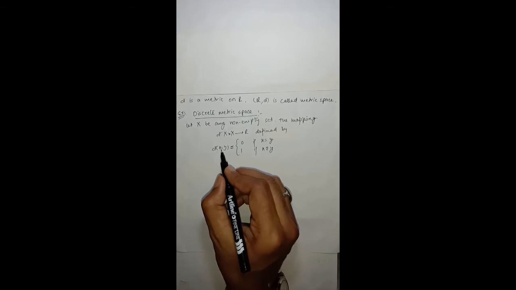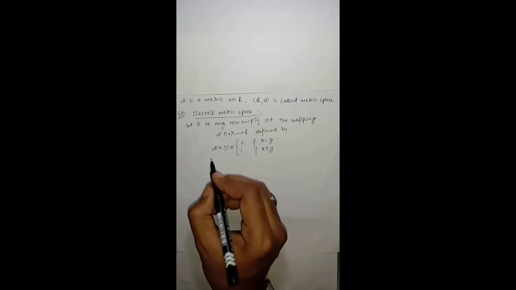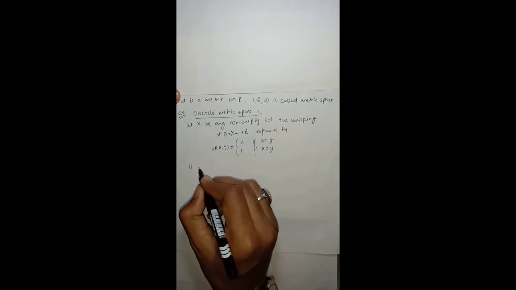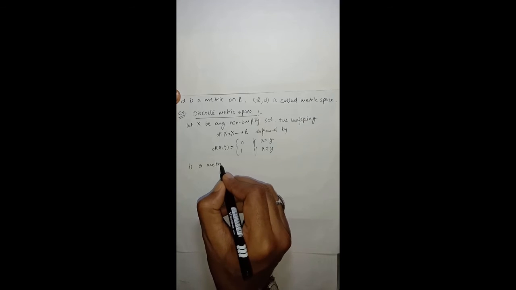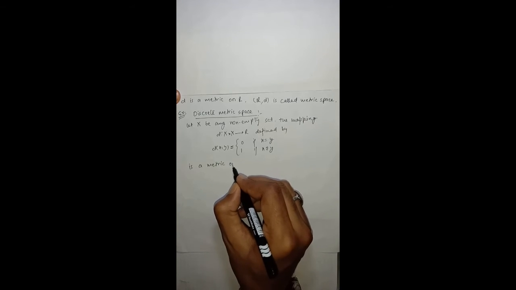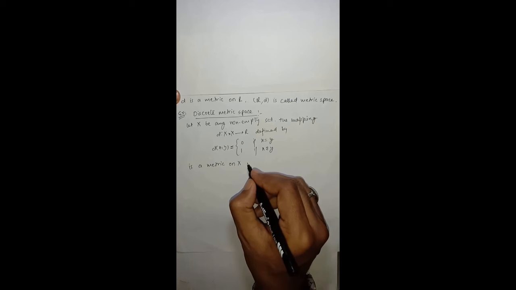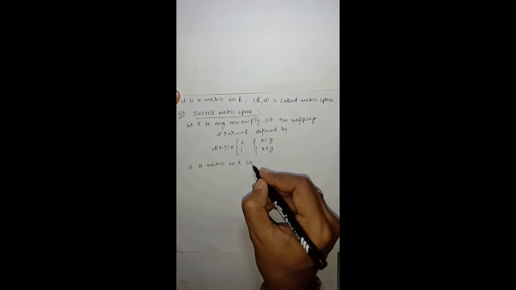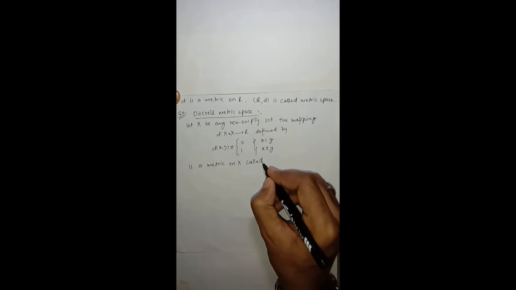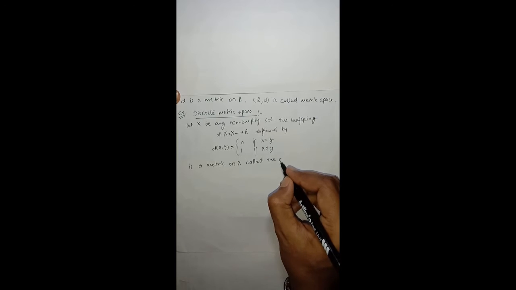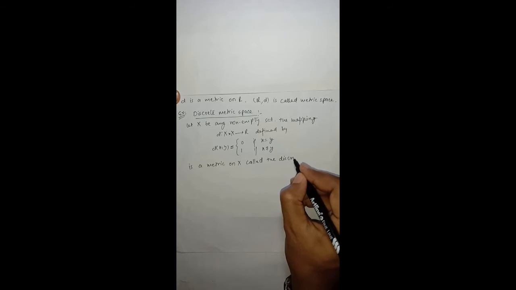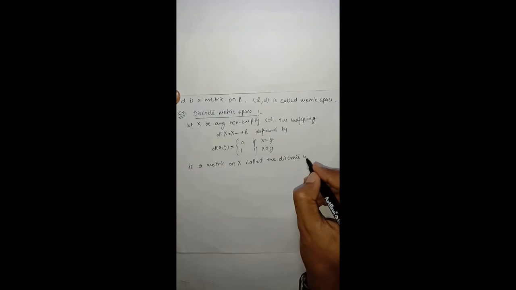This is called the discrete metric. It is a metric on X called the discrete metric on X.